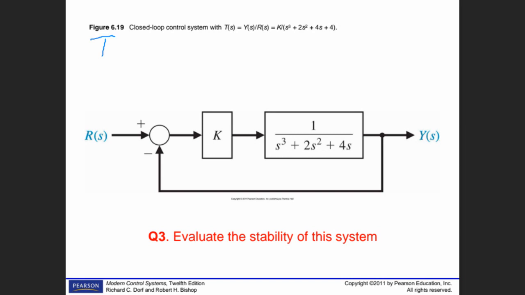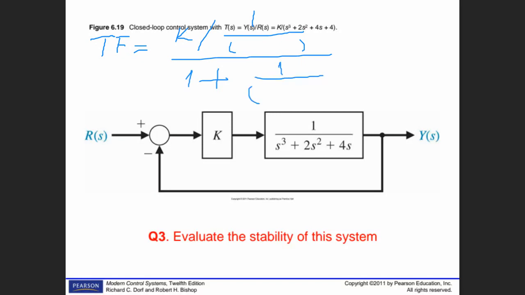TF is equal to k times 1 over 1 plus 1 over that one, which is equal to k over plus k plus 1.